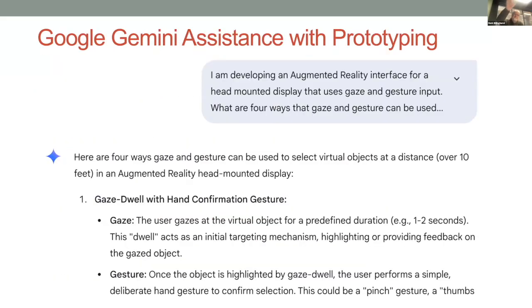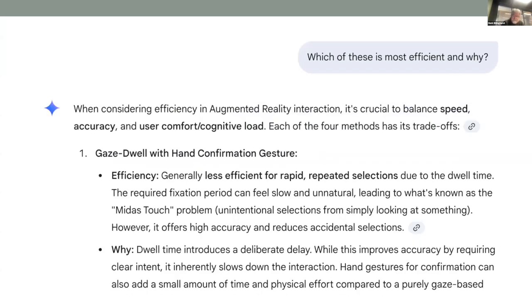So for example, I used Gemini here to ask for some help around building an AR interface that uses gaze and gesture. So I had this prompt: I'm building an AR interface for a head-mounted display that uses gaze and gesture. What are 4 ways that gaze and gesture can be used? And then it spit out at the bottom different ways you could use gaze and gesture. And then I said which is most efficient and why, and it said which was the best.